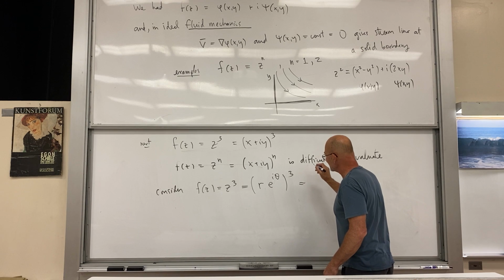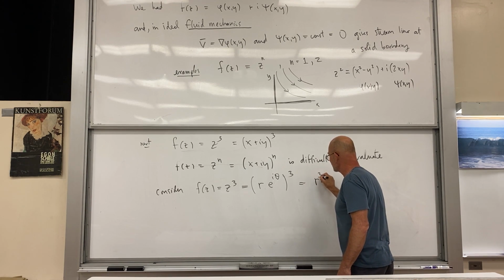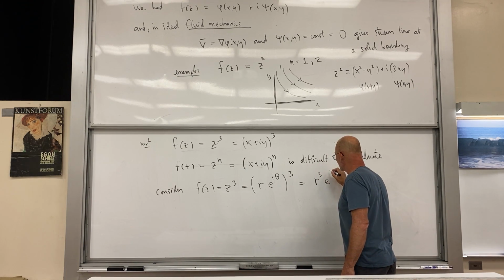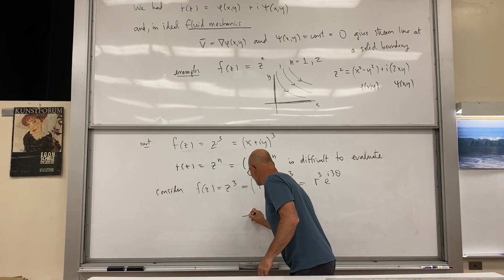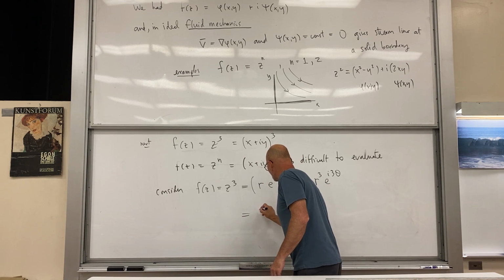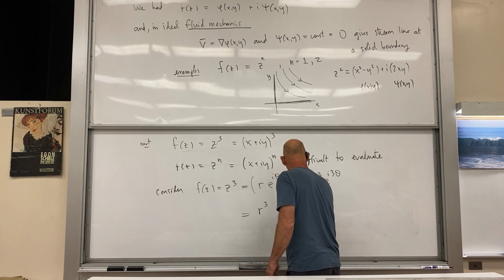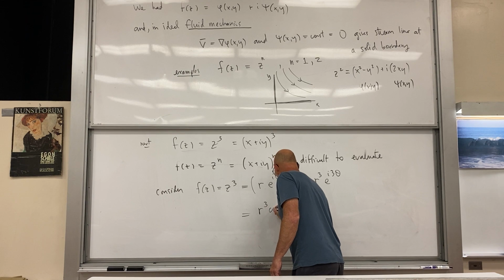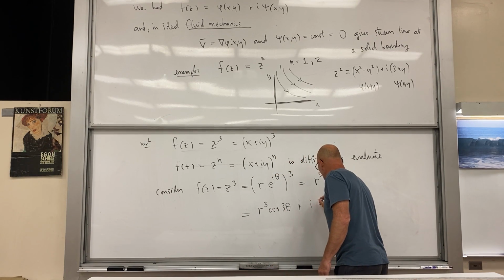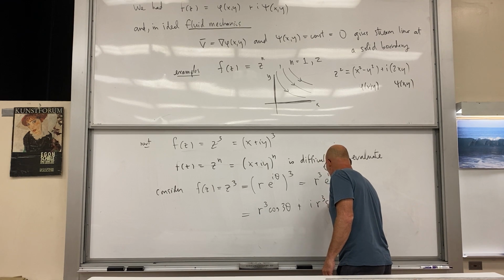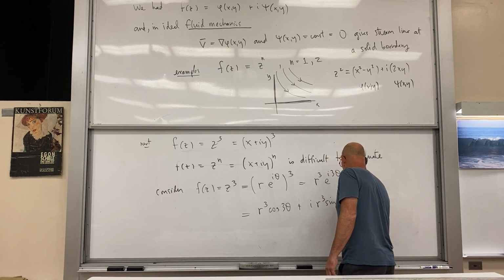And now this is r cubed e to the i times 3 theta. And continue right here. So we have r cubed cosine of 3 theta plus i times r cubed sine of 3 theta.